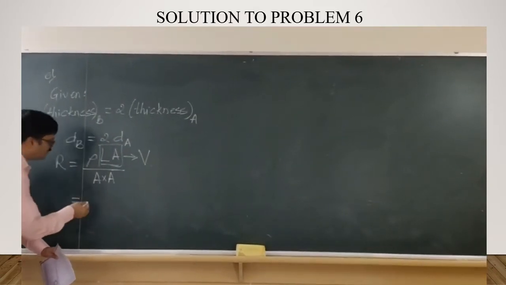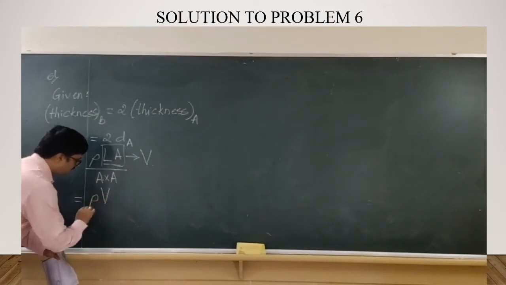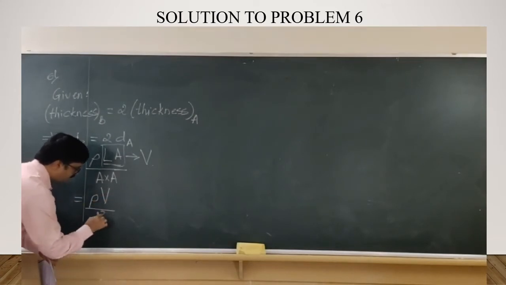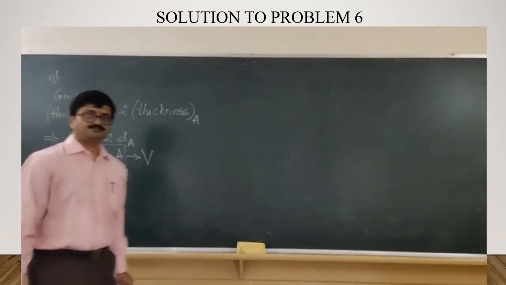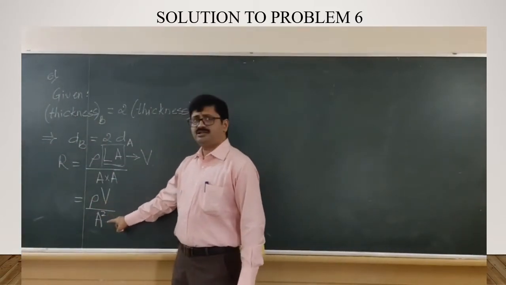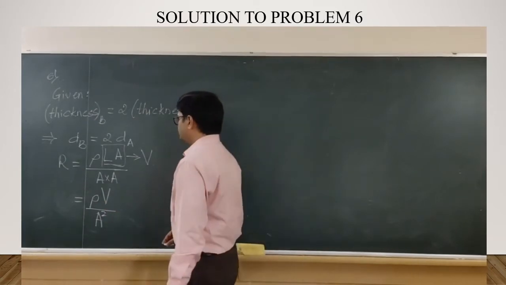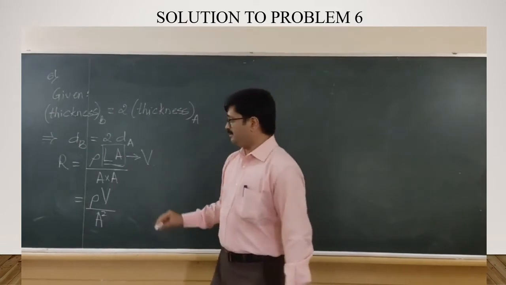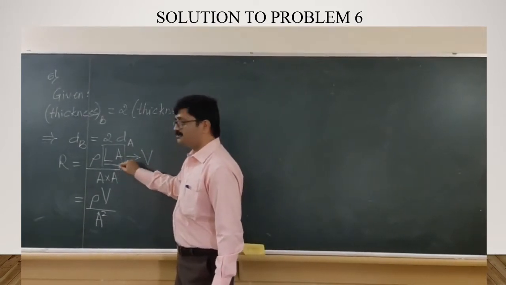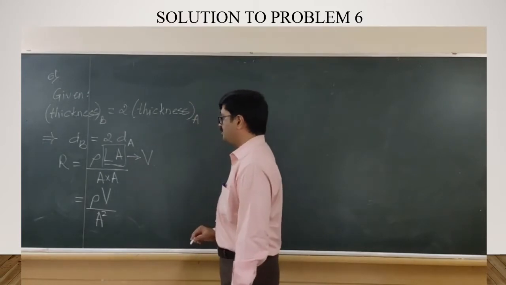So therefore I can write this as rho into volume divided by A square. So resistivity into volume divided by square of the area. This is what we have obtained. I'll repeat once again: I am multiplying and dividing by A here. This is one important fact that we have to remember.